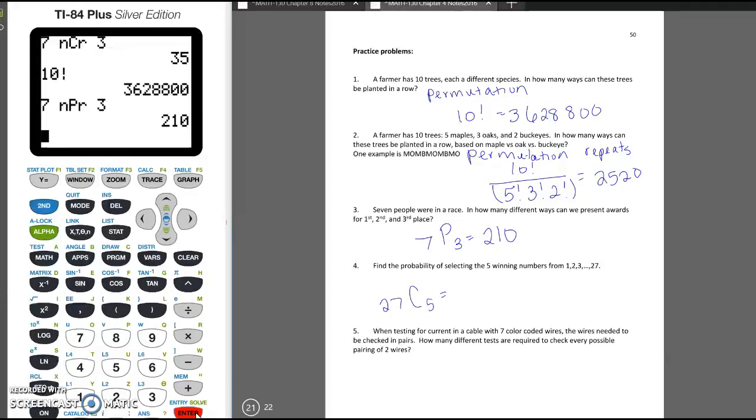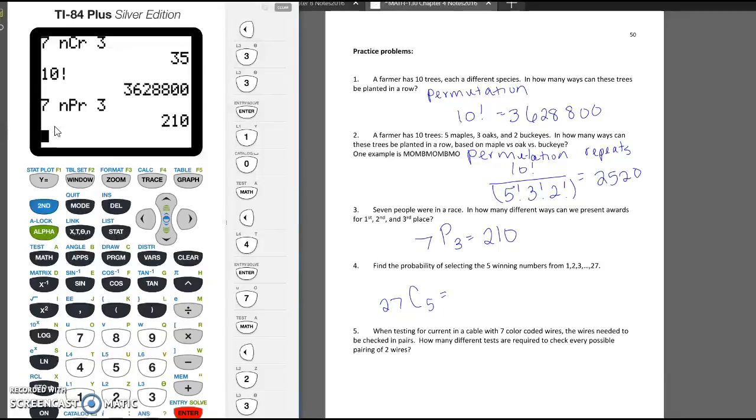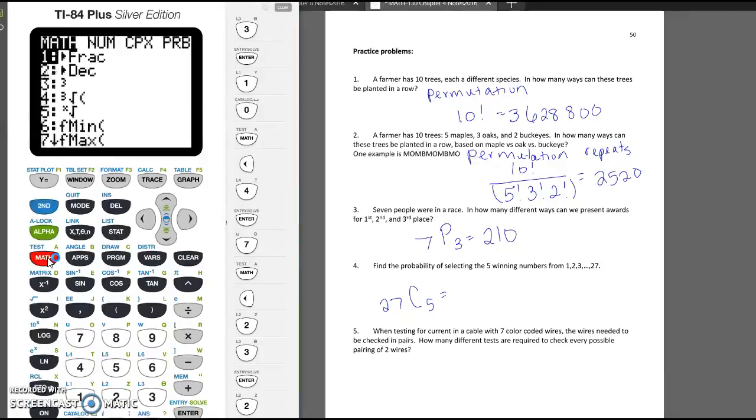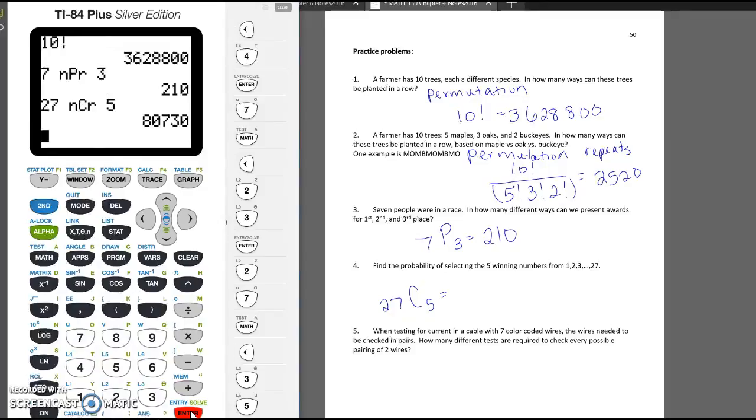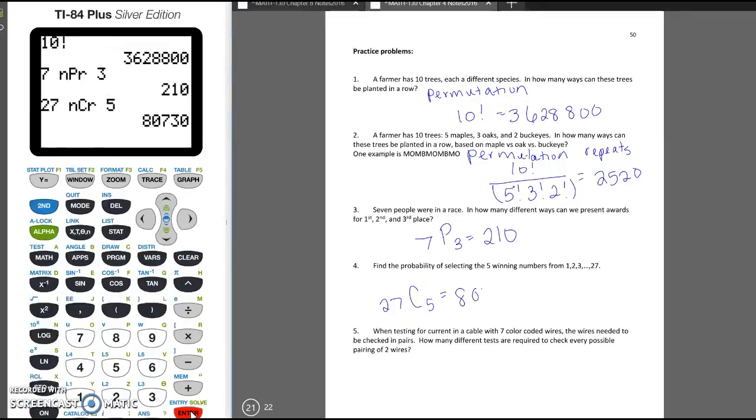So we'll do 27C5. So we see that there are 80,730 ways. Now the probability of winning, if you're just picking one set of numbers, would be 1 over that number. So that would be our probability of winning.